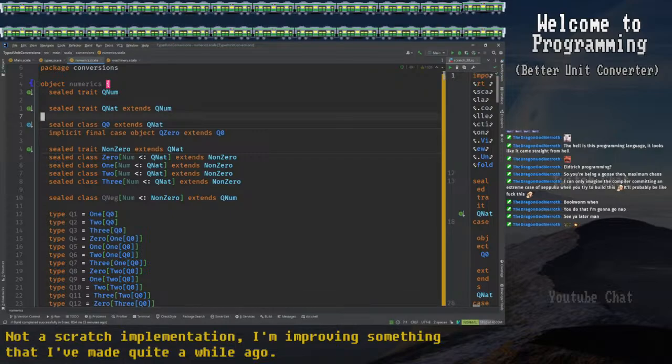Is it a good idea to also define object versions of this? You know what? I think the answer is yes. So let's do that. I think it might actually be good to do that.